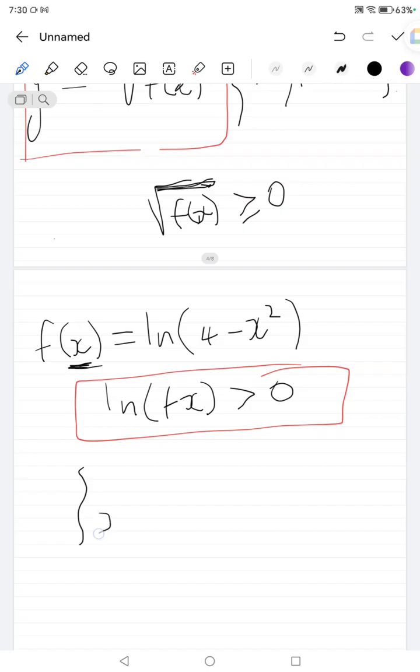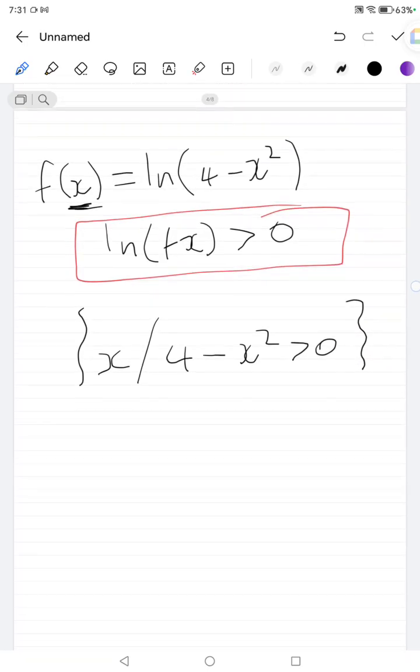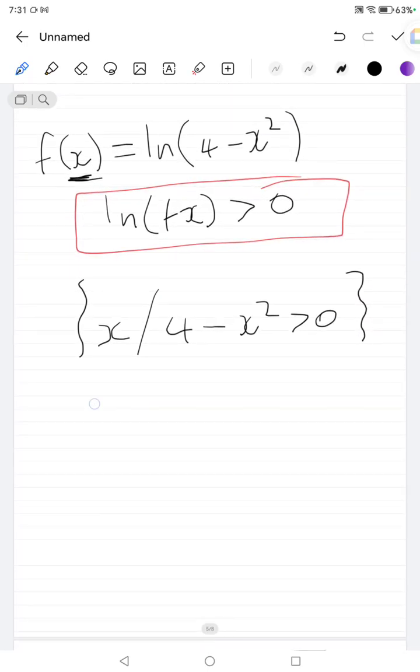Then we'll say x is such that 4 minus x squared is greater than 0.